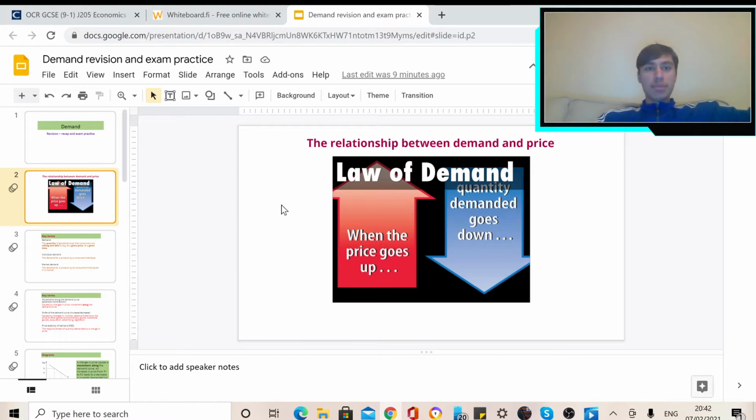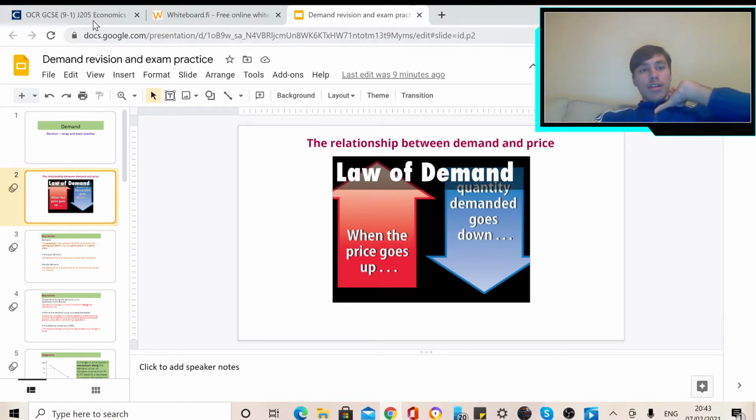Everyone would like to buy this laptop, especially if it has good features. However, if the price goes up, naturally the consumers, like us, we don't want to spend much, right? We are always looking for the cheapest prices. So as the price goes up, the demand for it decreases. That's basically the law of demand.